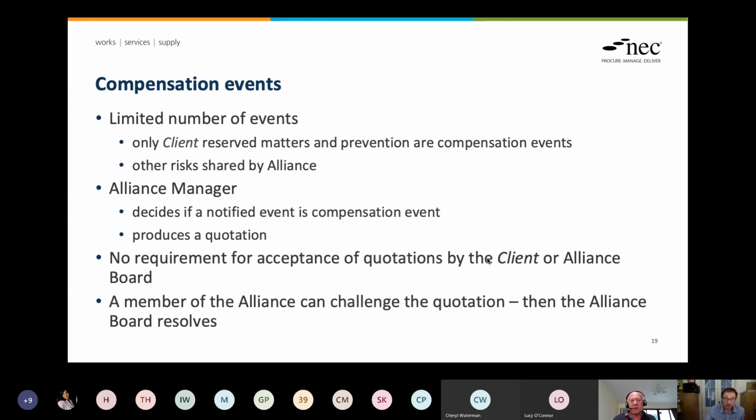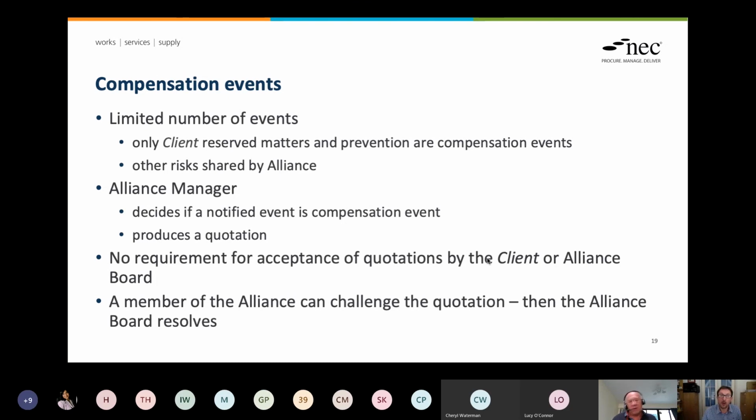Short length, and that's reasonable, isn't it? I would say in an alliance. Therefore, the alliance members will have to price for perhaps the additional risk that somebody's picking up that they wouldn't normally in an ECC type of contract. And it says that other risks are shared by the alliance, but effectively we're sharing financially, really, aren't we?